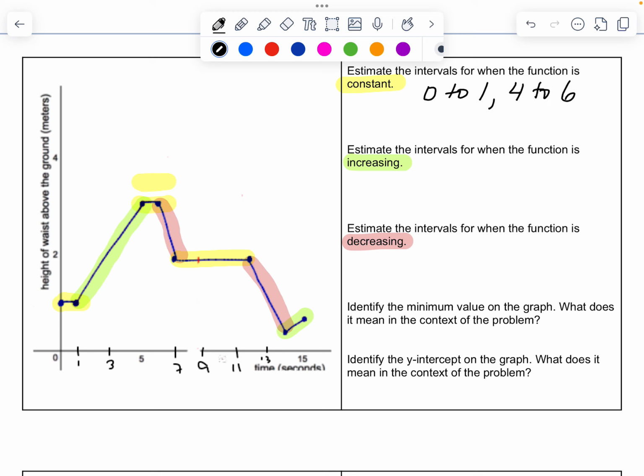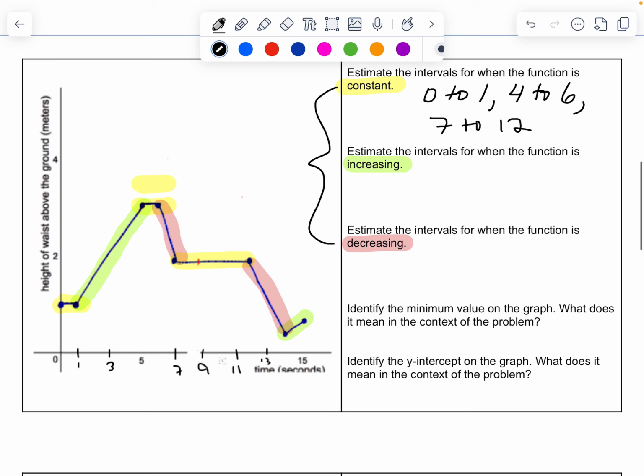And then finally, the line that goes from, I'm going to go ahead and call it 7 to 12. Now, I need to understand that that is a conversation, again, about the x's. So I was just looking at the x values there. So for all 3 of these problems, I'm only going to be focused on the x values.